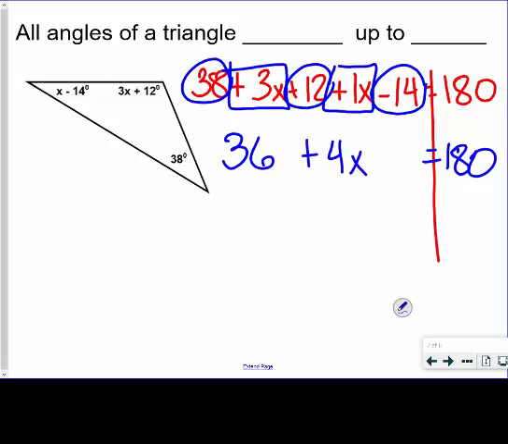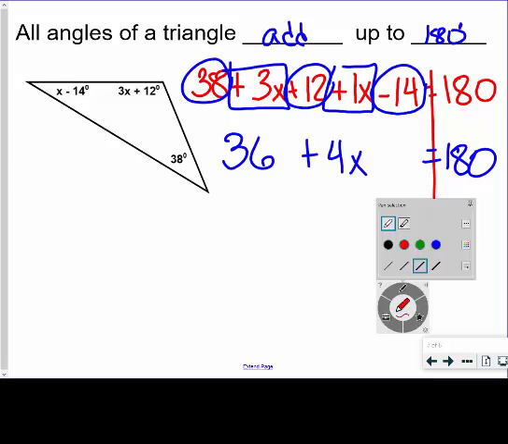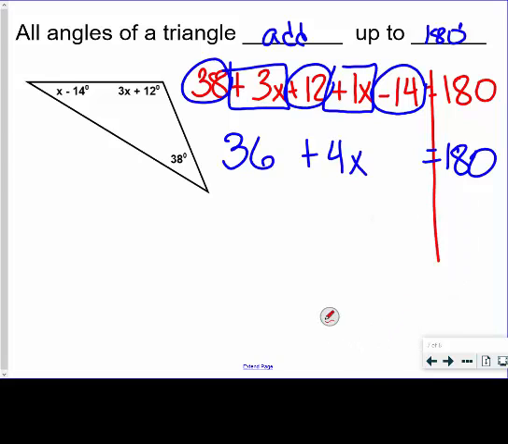All angles of a triangle add up to 180. You don't add, we don't add.